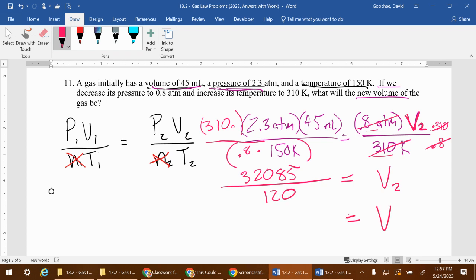All right, so volume 2 is equal to 32,085 divided by 120, and you get 267. All right, for volume, the volume going in was milliliters, so this is going to be milliliters as well.